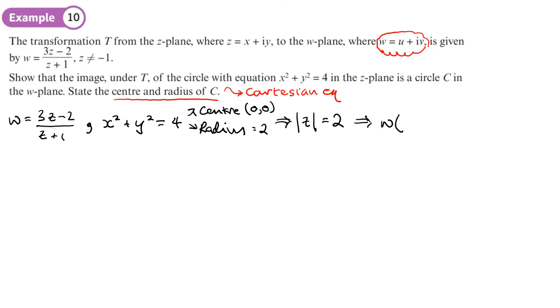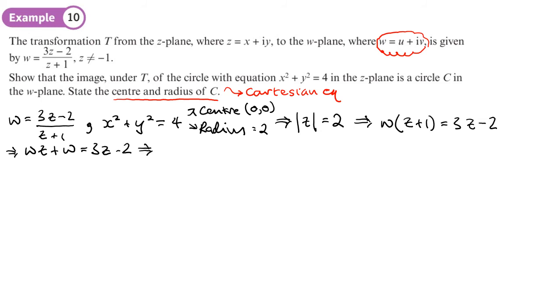So multiply both sides by z plus 1, the denominator, and then we've got 3z minus 2 on the other side. We'll expand the brackets, so we have wz plus w equals 3z minus 2.